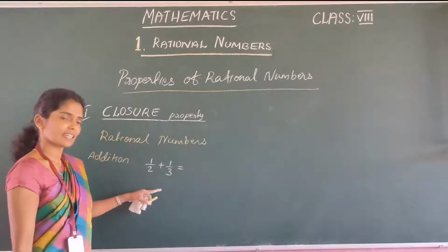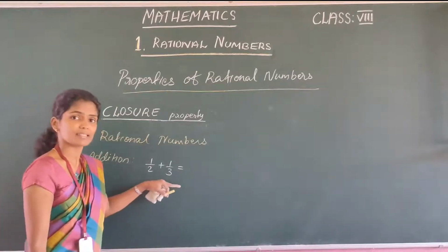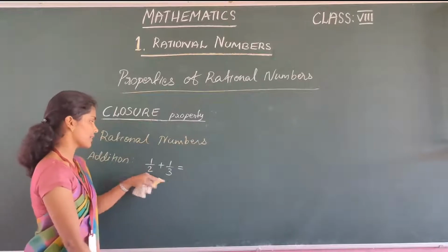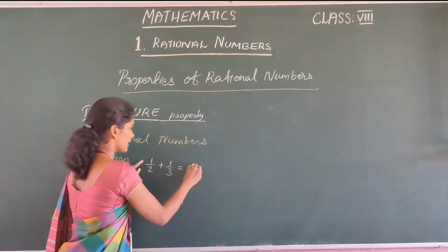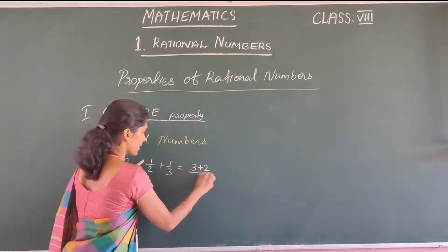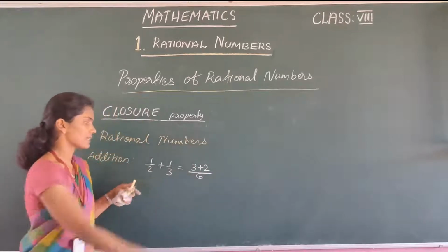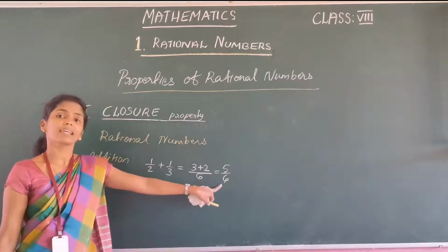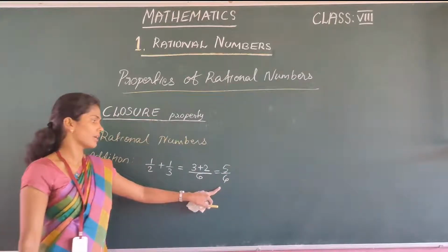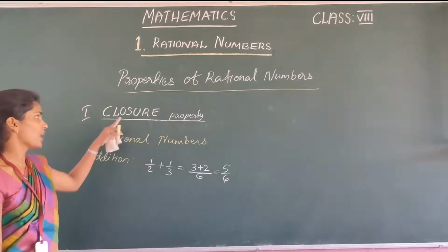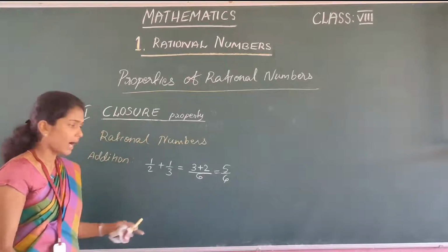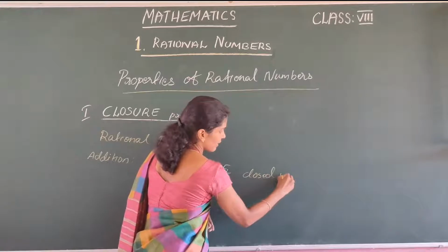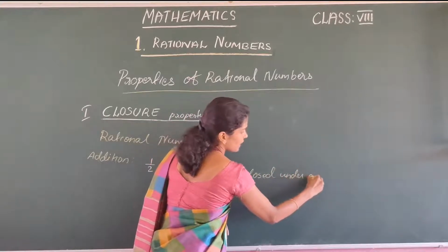What is the result? Here the denominators are different, so you take the LCM of these denominators, and we get 3 plus 2 divided by 6, that is equal to 5 by 6. This is again a rational number. Therefore, rational numbers are closed under addition.